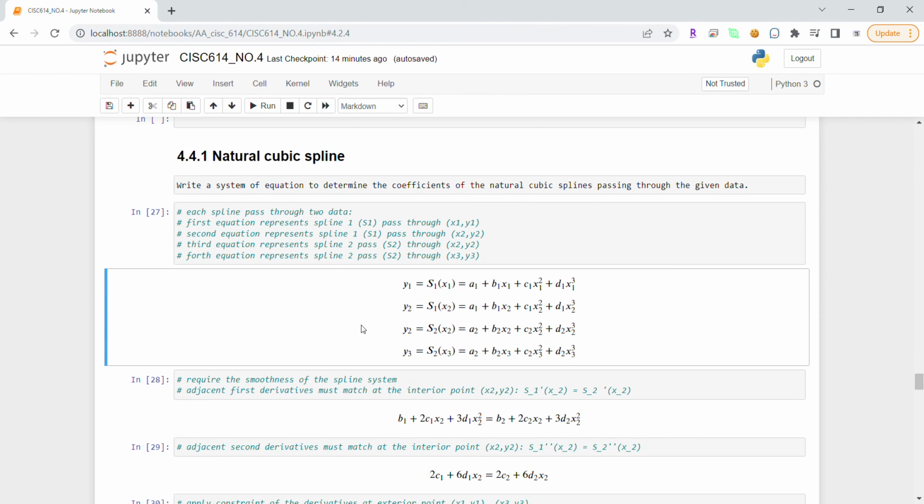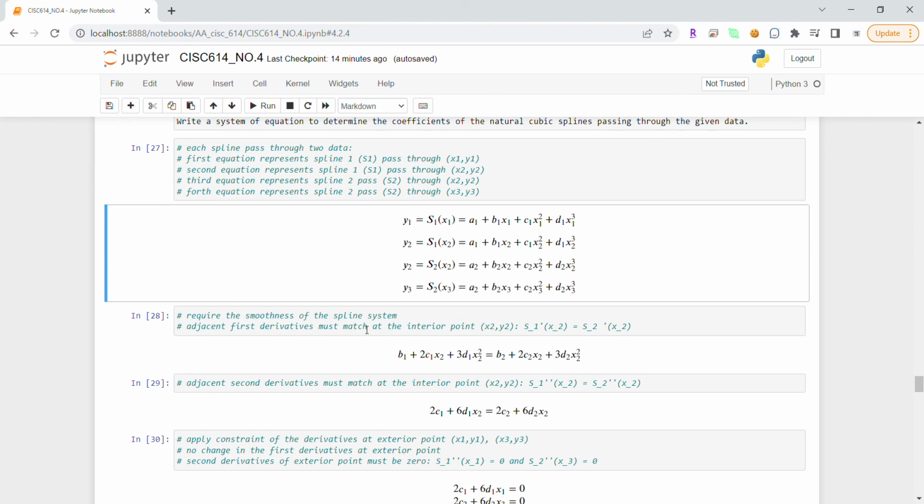So the next constraint we apply is, because we require the smoothness of the spline system, the adjacent first derivatives must match at the interior point, which is x2, y2.